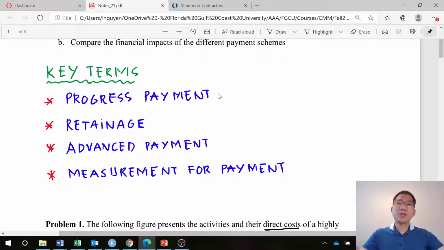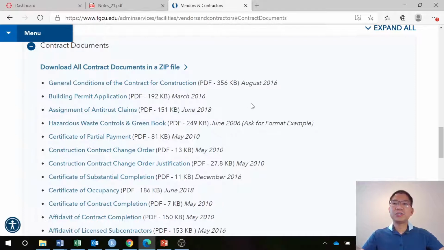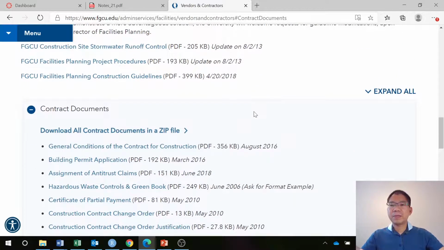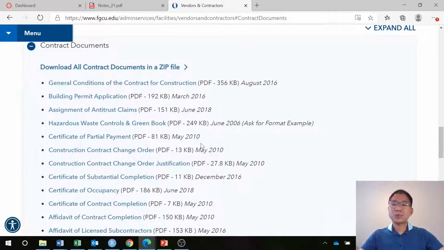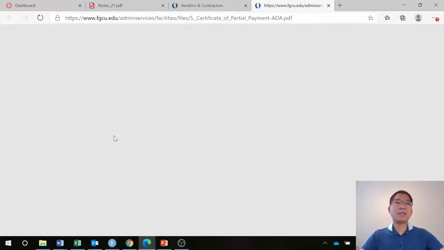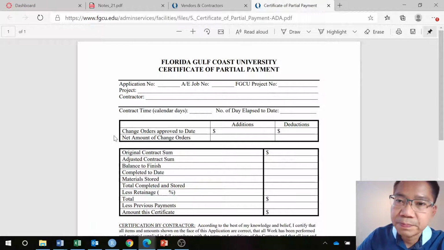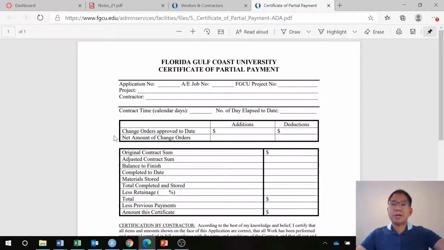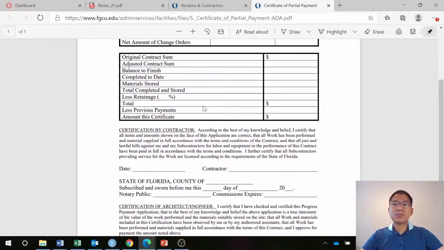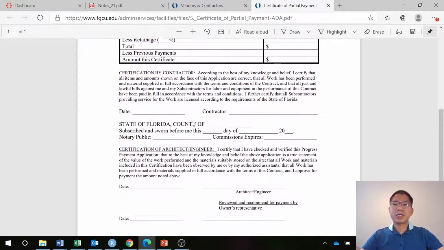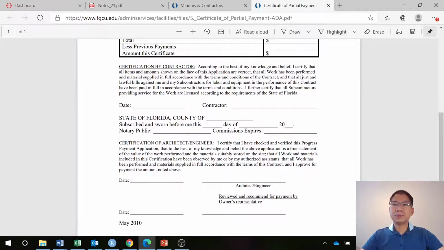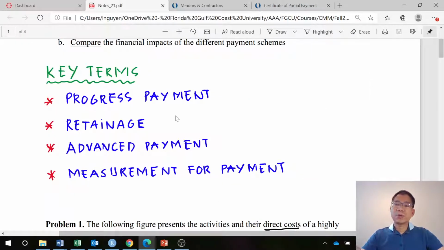It's one example here. If you go to the FGCU facility planning, and we will get back to that in the next lesson, that certificate of partial payment is one of the progress payments for any of the projects here at FGCU. So that is progress payment.